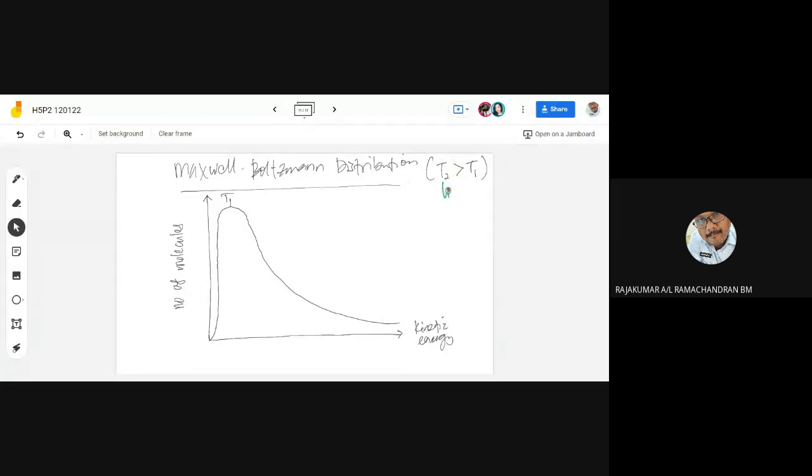Lebar dan pendek macam tu lah. So lebar dan pendek macam ni. Okay. This is T2. Okay. Dia lagging sikit. We wait for a while.